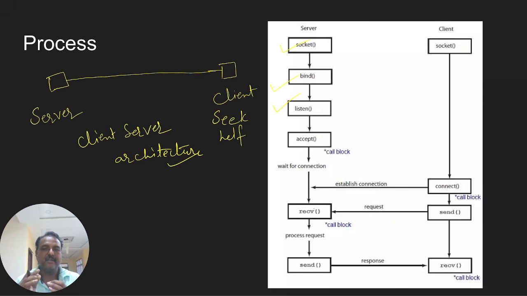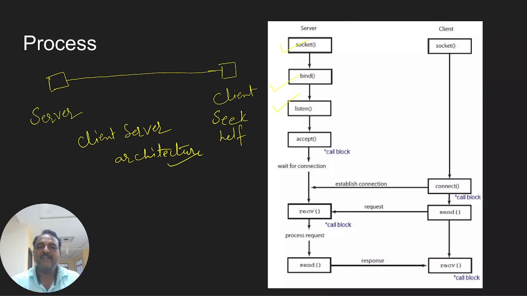That specific number is denoted by this listen method. The listen method contains a queue which contains the list of all the clients which want to interact with your server.